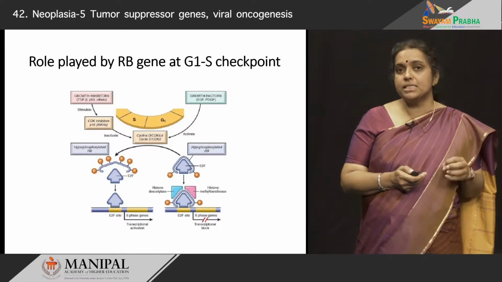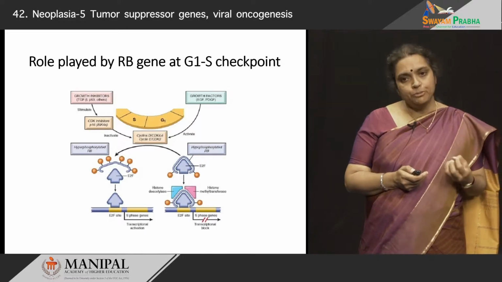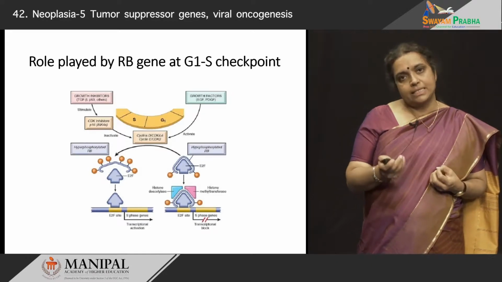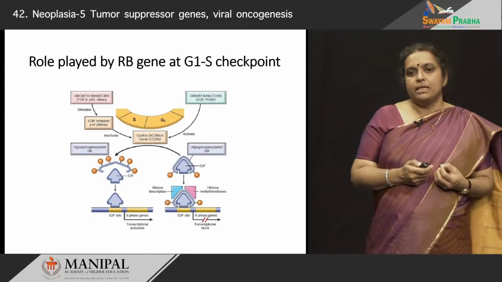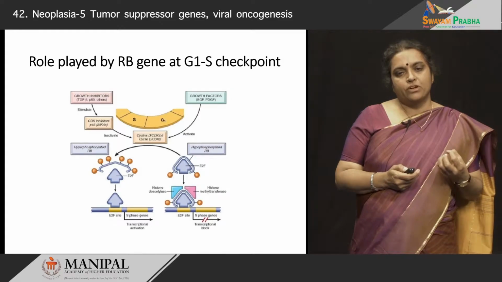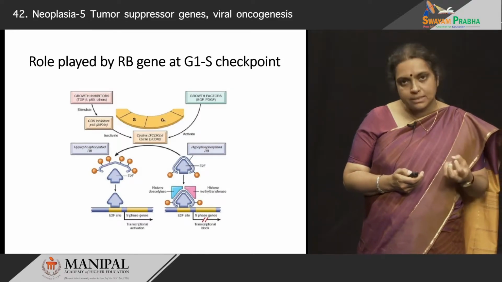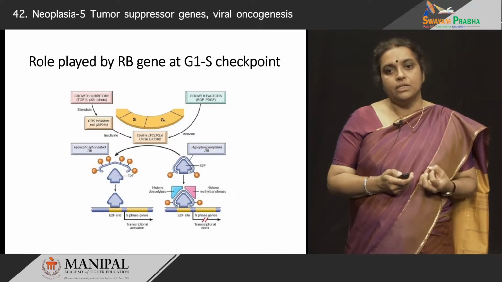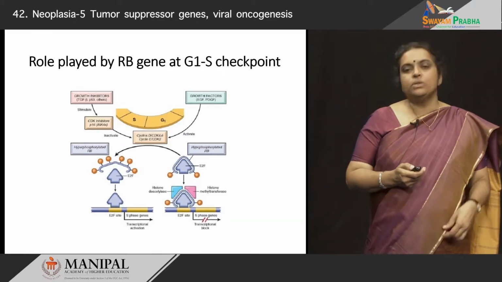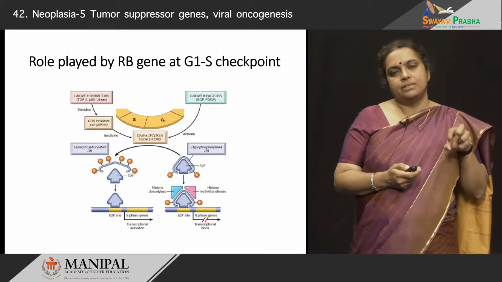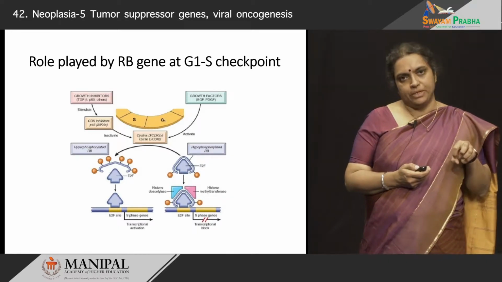That means it has fewer phosphate groups attached to it, as you see on the right side of the picture. With fewer phosphate groups attached, it has more space to sequester a transcription factor known as E2F. So, it holds the E2F protein tightly sequestered.